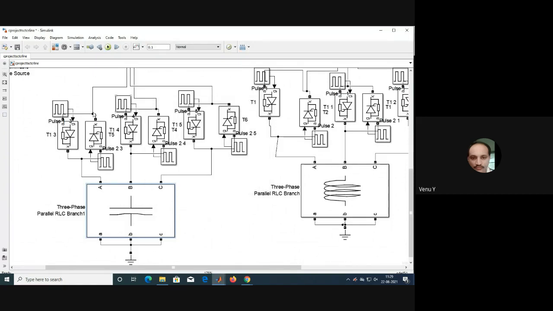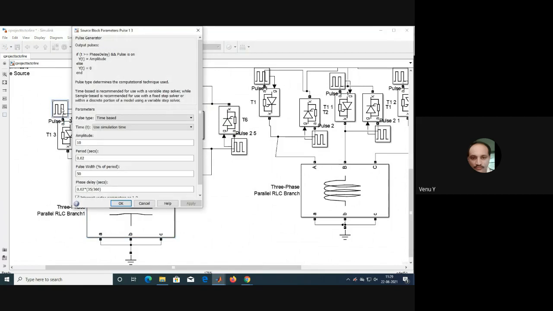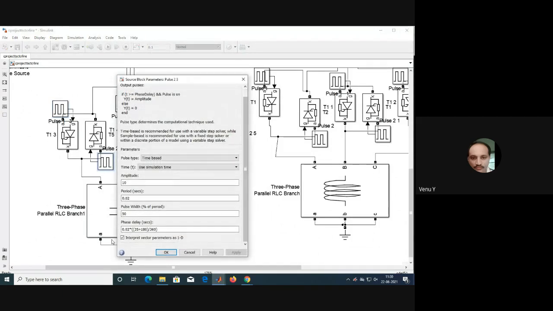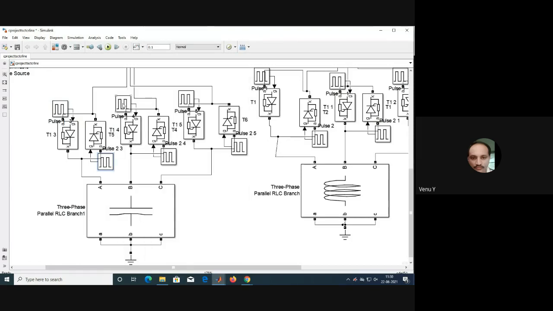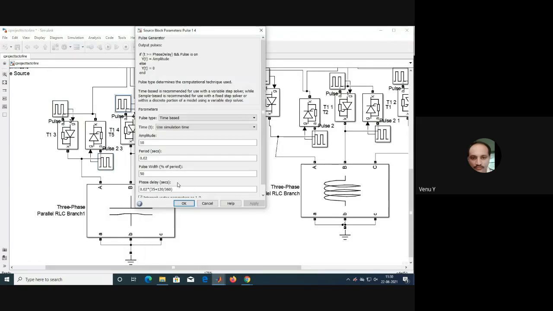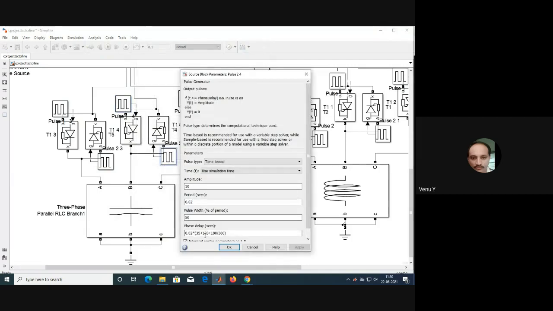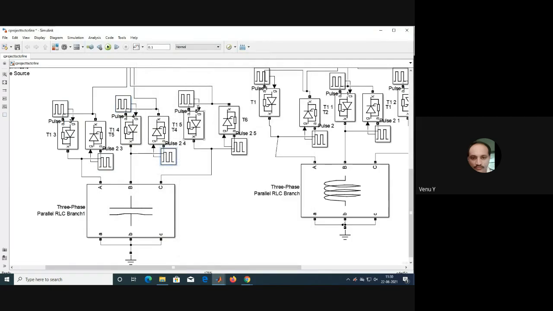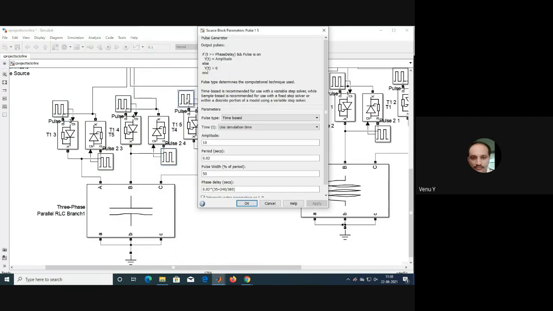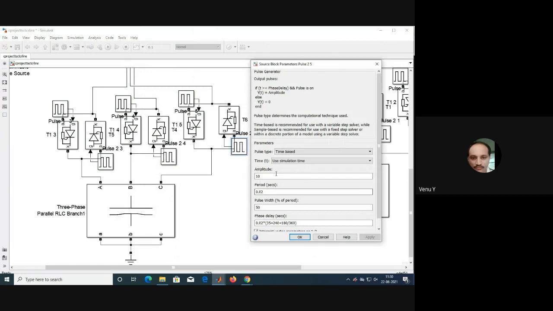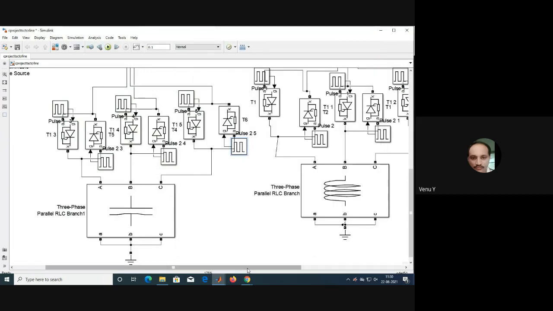These are the three legs of phases A, B, C. And 35 degrees is the firing angle. You can take other angles also. There is no problem. 35 plus 180. And the second leg 35 plus 120, 35 plus 120 plus 180. Here third leg 35 plus 240, 35 plus 240 plus 180. So this is the firing of TSC.